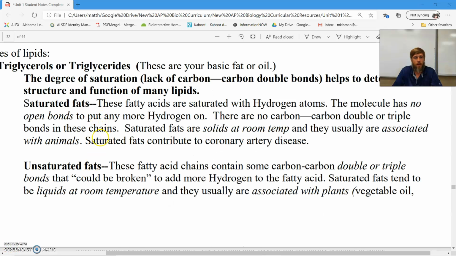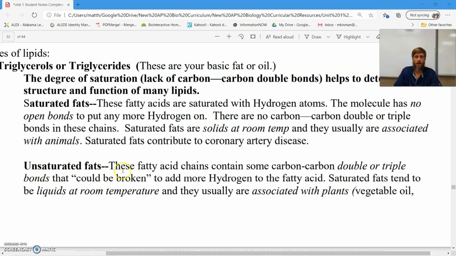So maybe one claim that we can make about saturated fats in their contribution to coronary artery disease, basically causing potentially a heart attack, is their ability to stack on top of each other and accumulate inside of your arteries and block your blood pathway, whereas unsaturated fats may not.